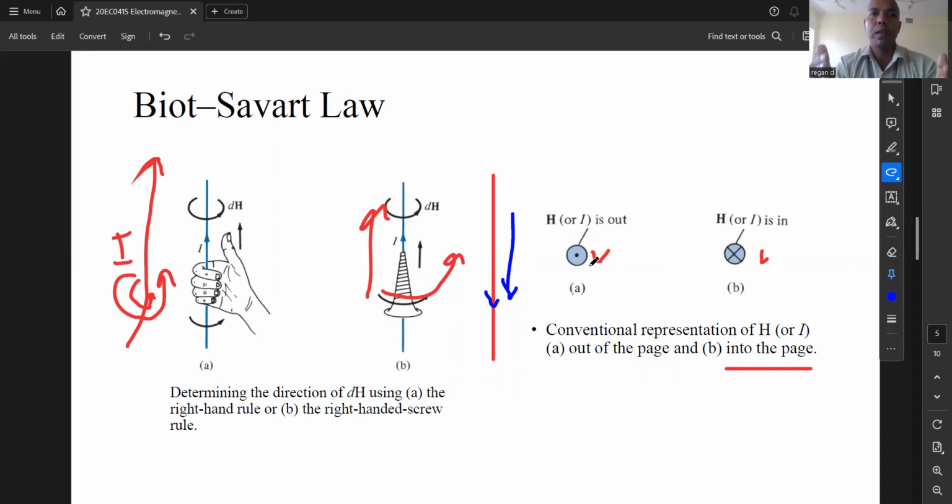Now you are watching the screen, so the magnetic field is from the screen toward you. That means if you take a textbook, the magnetic field is emerging out from the page of the textbook. That's why a dot is mentioned. So from these notations, dot and cross, we can understand the direction of the magnetic field, or the direction of current flow in the current element.